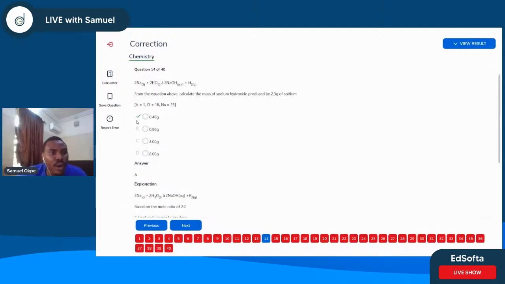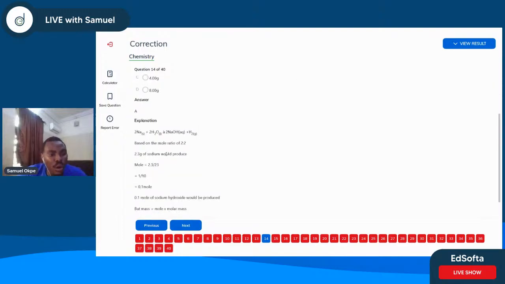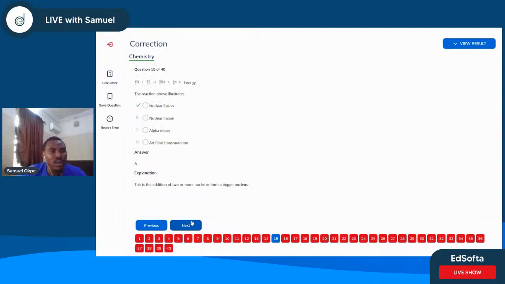They said 2Na plus 2H2O gives 2NaOH plus H2, and we should find the mass of sodium hydroxide produced. As usual, you should always note the mole ratio, and based on the mole ratio, you can find your answer.